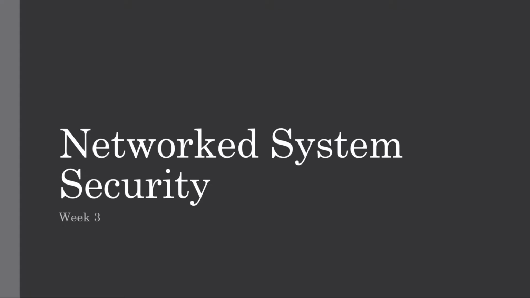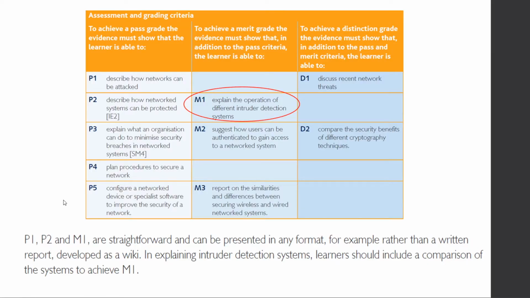presentation. So what I've set up with this is essentially I'm going to be going over M1. Now, if you look at what it says further down the spec, which I've put on the classroom, you'll see that it says you've got to compare the intrusion detection systems for M1.